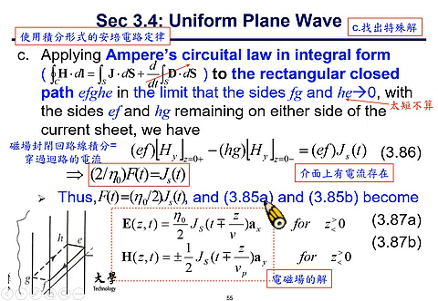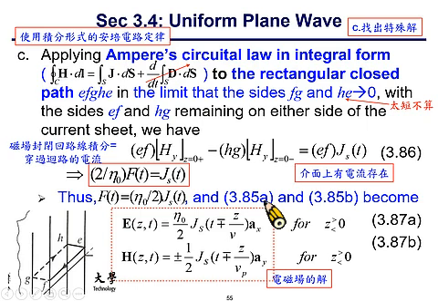The electrical field is vibrating in the x direction. The magnetic field H is vibrating in the y direction. There is a missing Vp here, which I will add. And for the magnetic field, it becomes plus and minus 1 over 2 times Js.